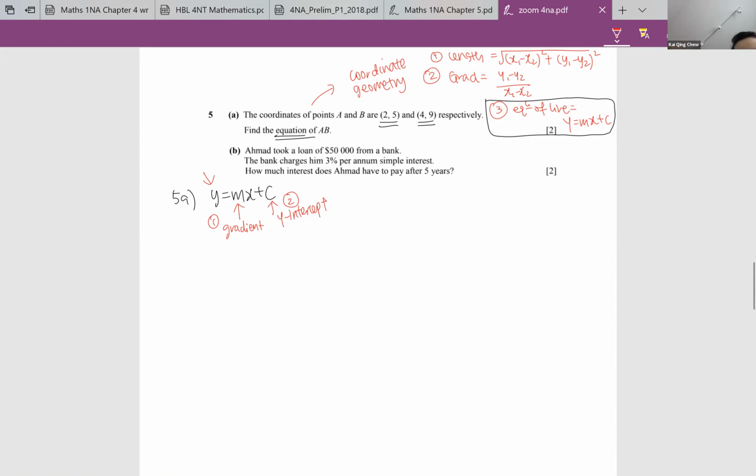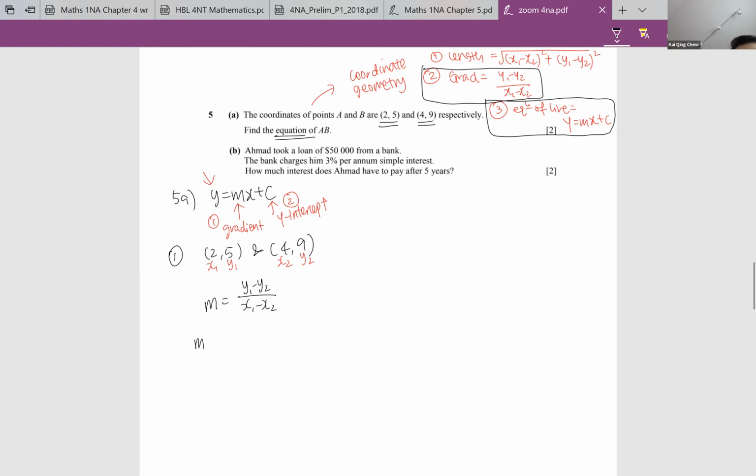Let's find the gradient first. I have 2 coordinates, (2, 5) and (4, 9). I want to label first my x1, y1, x2, y2. Does this look familiar? I hope so. Thank you, Afika, for your acknowledgement. So gradient is y1 minus y2 over x1 minus x2.